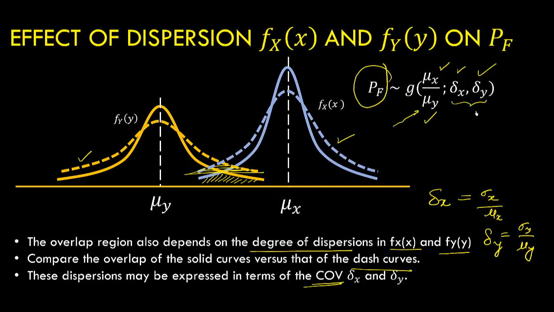So to summarize, we have two random variables x and y, that is demand and capacity, and the overlap between these two PDFs is basically probability of failure. Now one way to calculate this probability of failure is in terms of safety margin. The advantage of calculating the safety margin is we will have only one random variable.